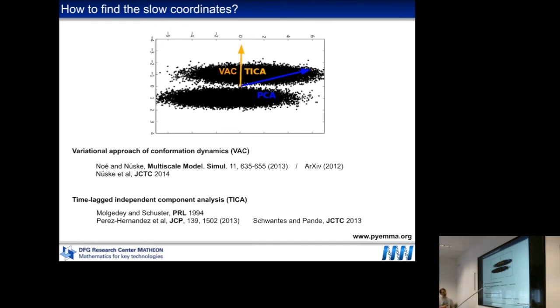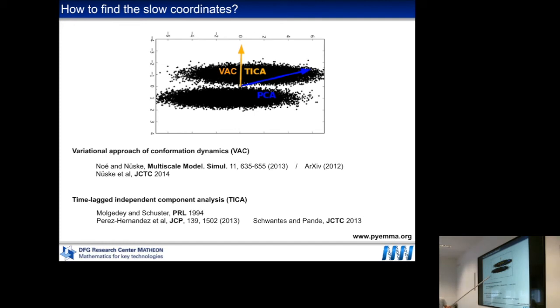That's called the variational approach of conformation dynamics, and basically it's a dimension reduction technique that gives you a subspace of your original space, and the coordinates in this subspace are the coordinates where the slow motion, or the rare events, happen.